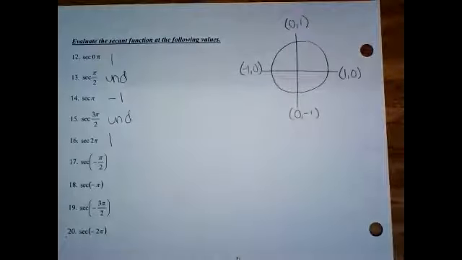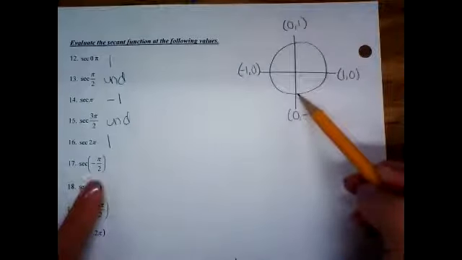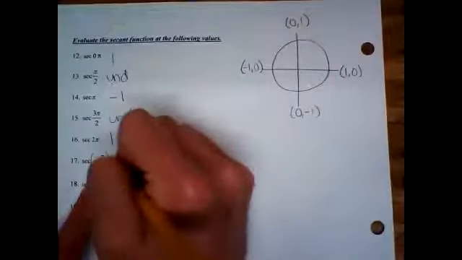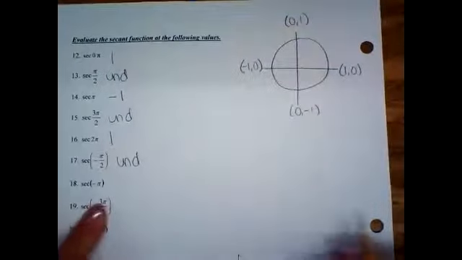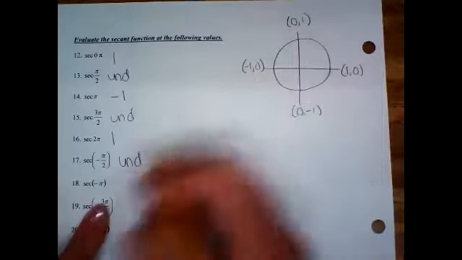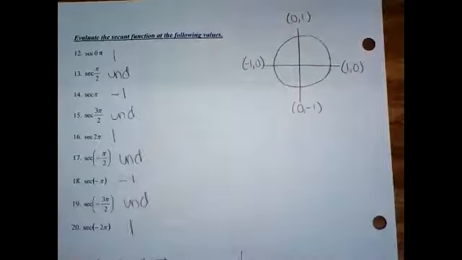When you go backwards, here's -pi/2. You go backwards, you would be down here. Your x value is 0, so undefined, and then the next one, going around the circle backwards now. So -1, good, undefined, 1.